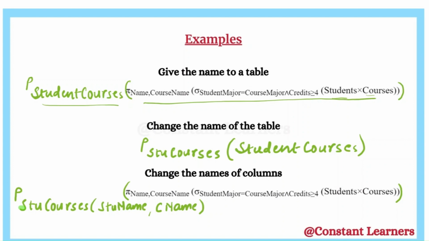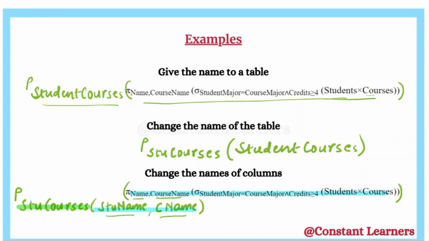So, this one here is the new name of our table, and these in the bracket as a subscript are the new names of the columns of this table. Now, this entire query is giving us two columns, right? The columns are name and course name. So, we are changing the name from name to stu name and course name to C name. Alright. So, this is how we change the names of the tables or relations as well as the names of the attributes or columns.